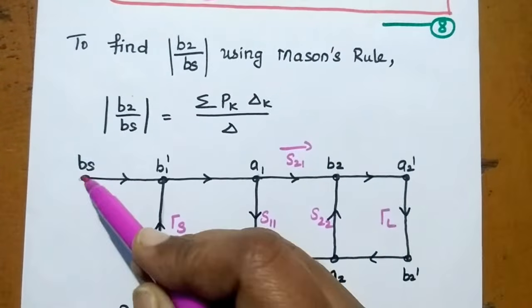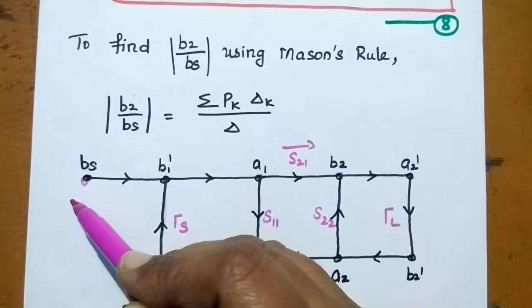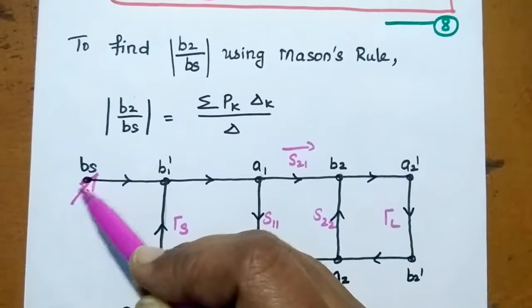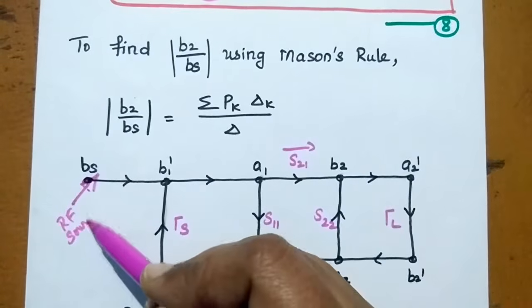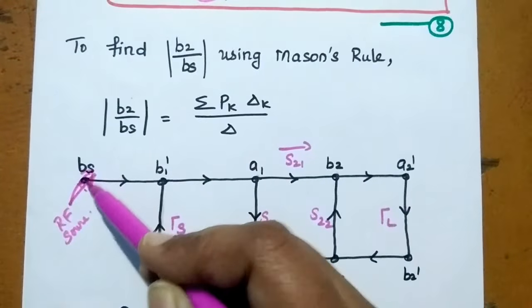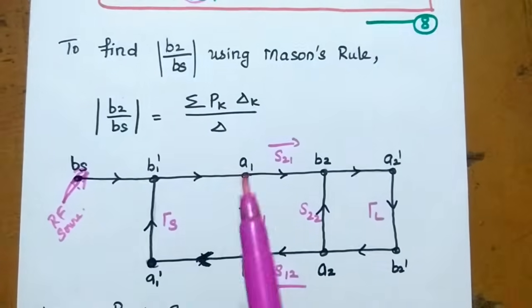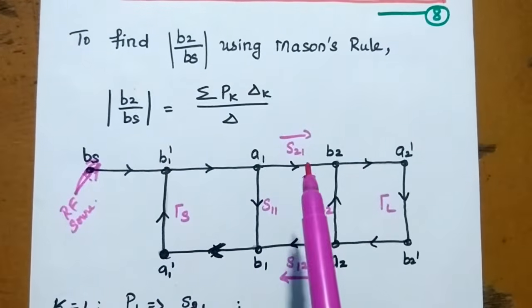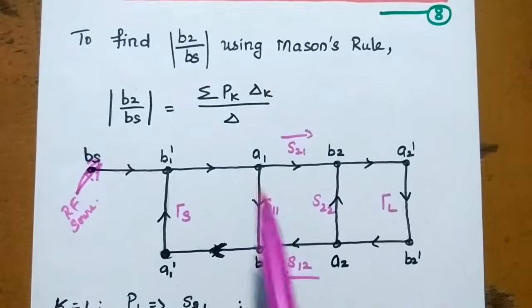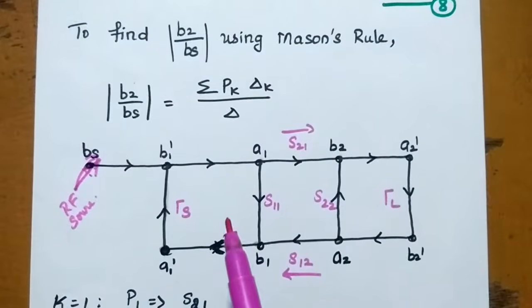We can start with Bs, the actual output from the source to this amplifier circuit. I have already explained the signal flow graph in part 1, so you can refer to the part 1 video also.